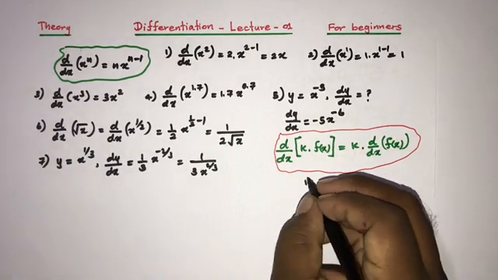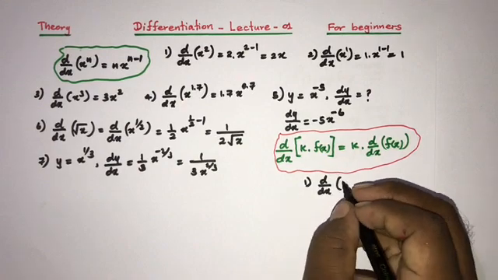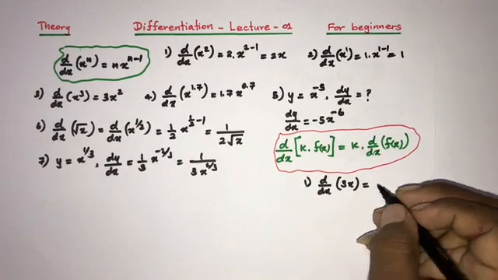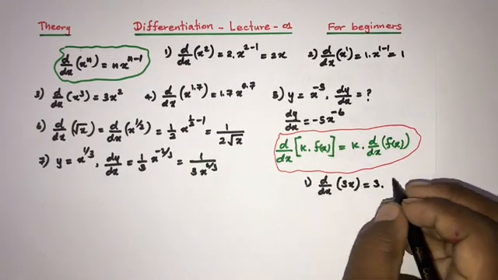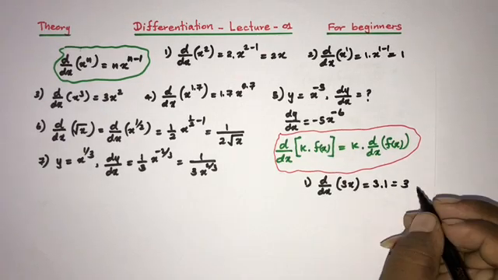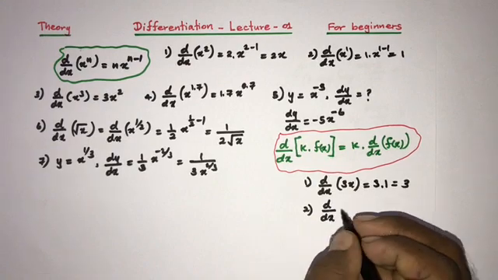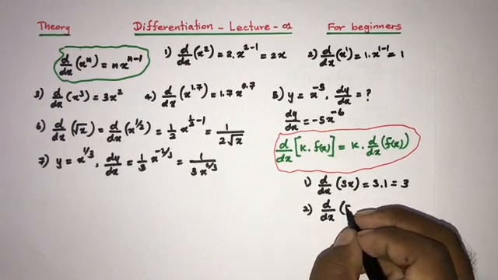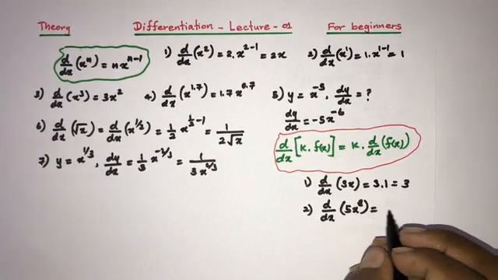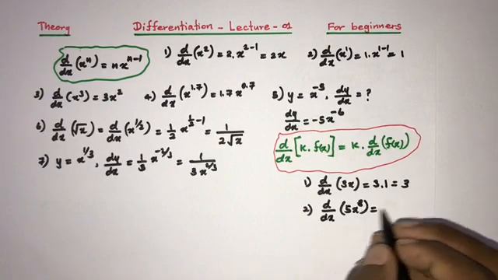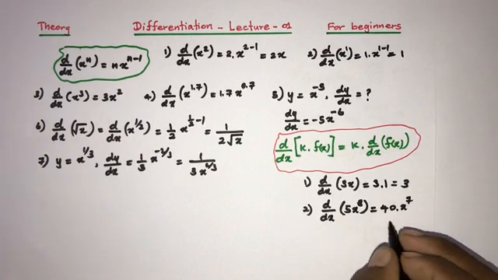Example number 1, d by dx of 3 times x. Here 3 is a constant, so we write 3. Now the derivative of x is 1, so this is equal to 3. Then example number 2, the derivative of 5 times x to the 8. So we write 5 times 8, so 40 times x to the 7. Okay, this is the answer.